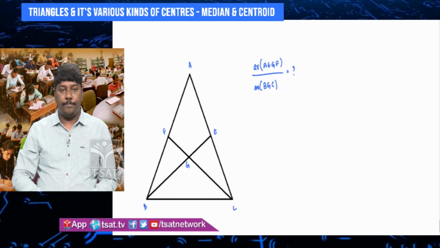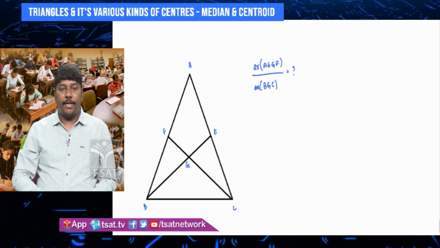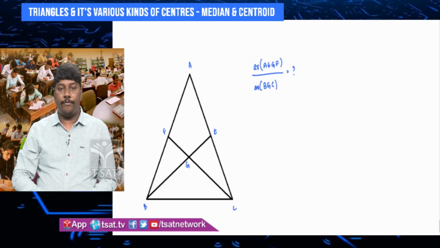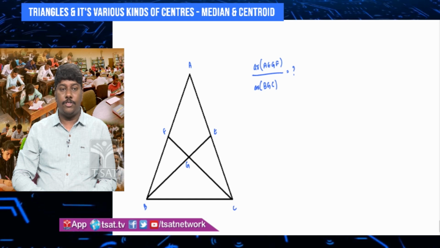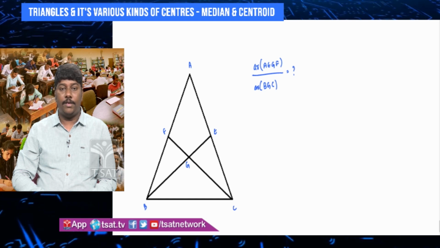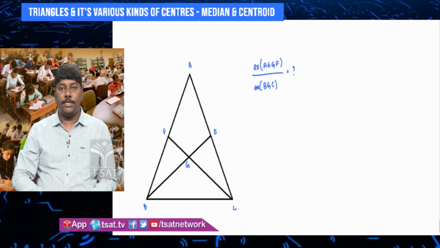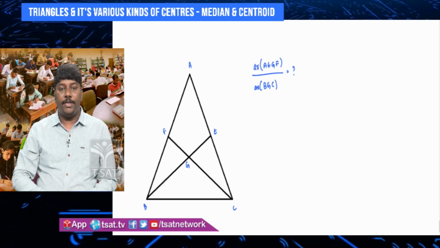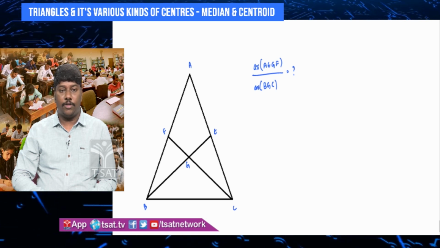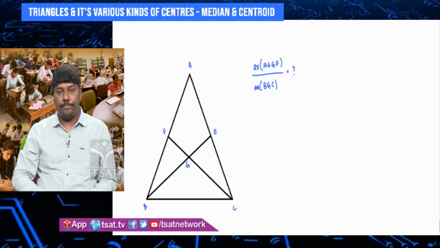So, look at one more problem here. Look at the triangle ABC. In this triangle ABC, he is asking you the area of AEGF divided by the area of triangle BGC. Here BE and CF are medians, G is a centroid.